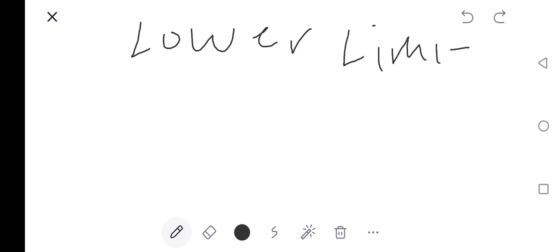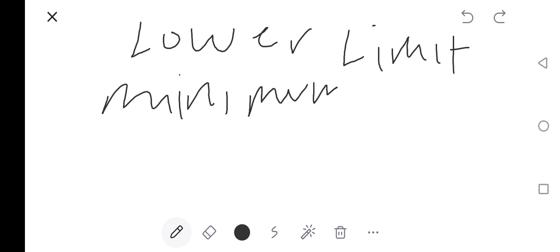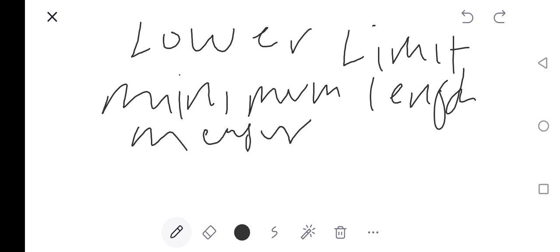The other one, two more to go, is called lower limit, or minimum length. Minimum length, minimum measurement, all that language can be used.